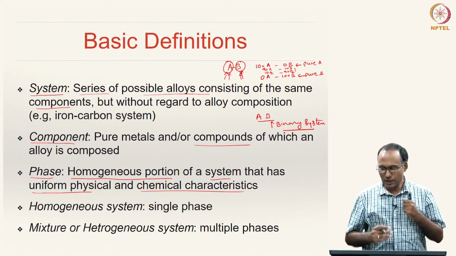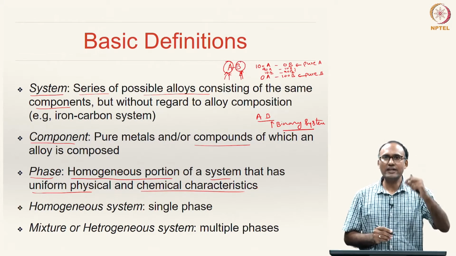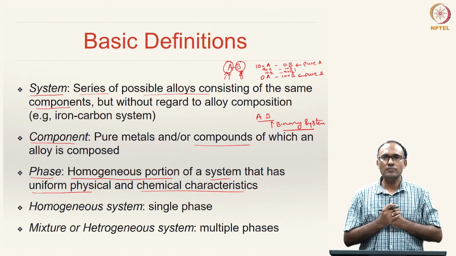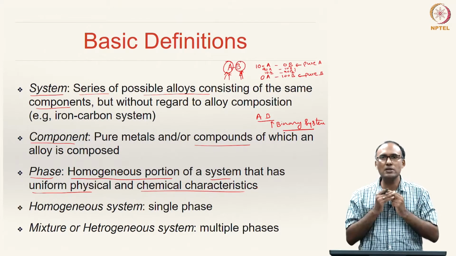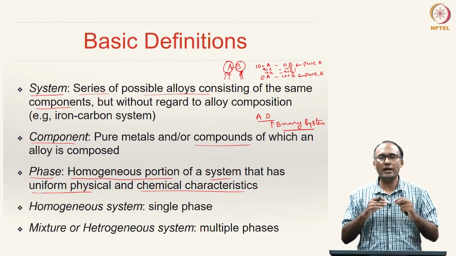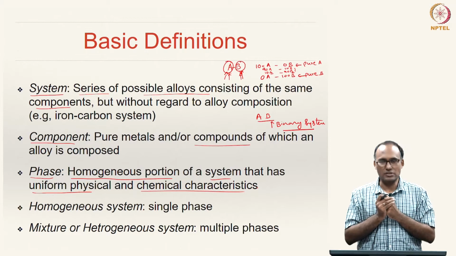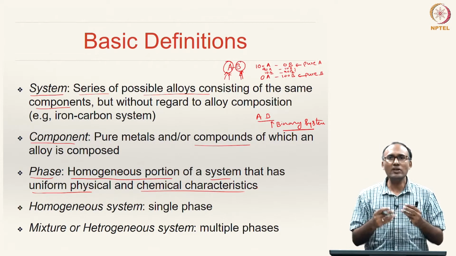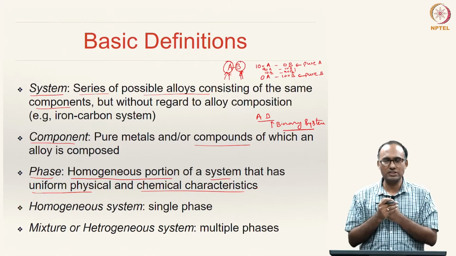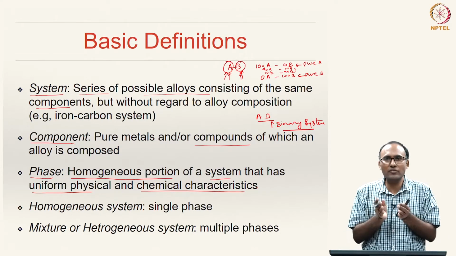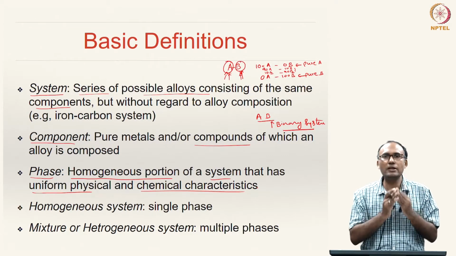So, suppose you take a solution of A and B. In the liquid state it has uniform physical and chemical characteristics, and hence it is called the liquid phase. If it is in the solid state and has uniform physical and chemical properties, then that is called another phase, right. And you can actually have multiple phases in a liquid state or a solid state, and each phase has a specific kind of physical and chemical properties.